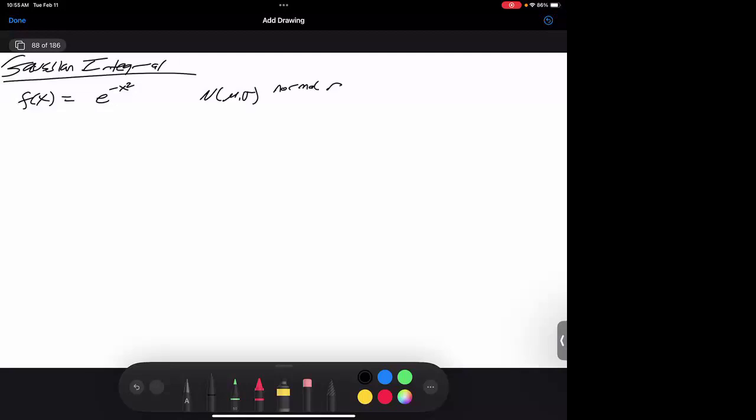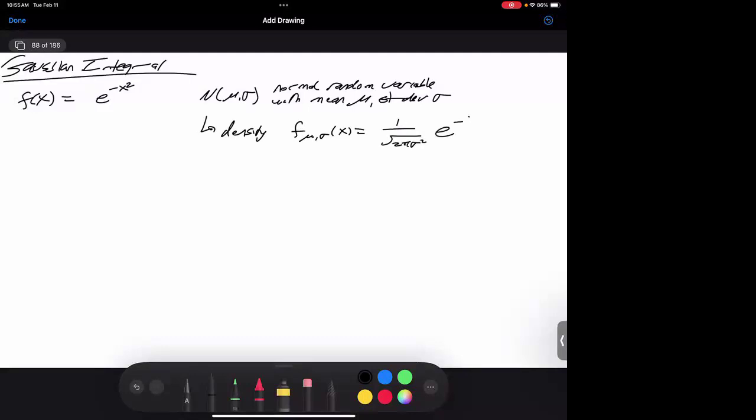So a normal random variable with mean mu and standard deviation sigma. I'm assuming everybody has seen these terms before. If not, don't worry. We will definitely talk about what they are later. That would have density, we'll say f mu sigma of x is 1 over square root of 2 pi sigma squared e to the negative x minus mu squared over 2 sigma squared.